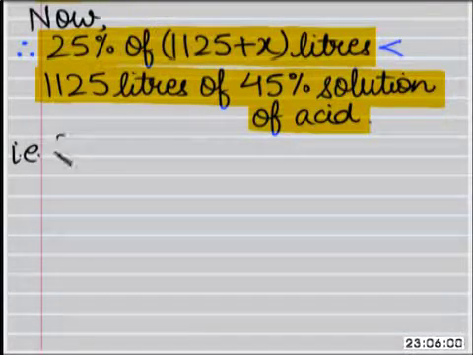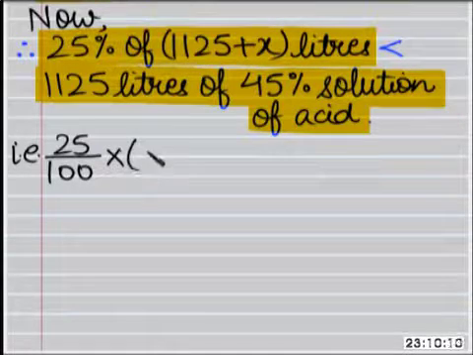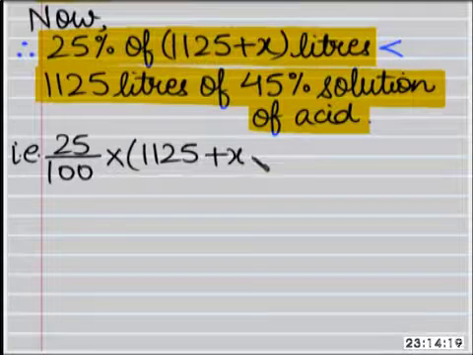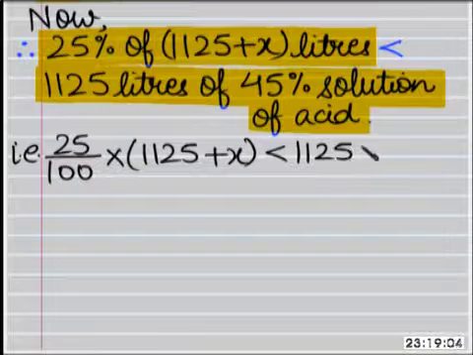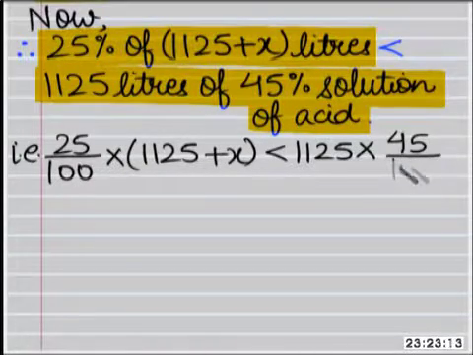That is 25 upon 100 whole multiplied by 1125 plus x is less than 1125 whole multiplied by 45 upon 100.